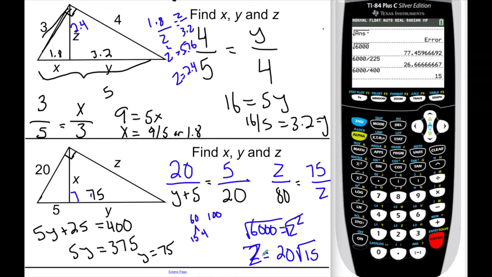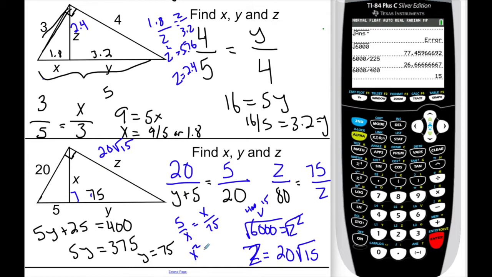So that's z. Last one we have to get is x. Okay? So we know now, finally, that I'll just erase this little scratch work that I did. Okay, and I'll just make a note here. It's 415. Okay, so now 5 is to x, as x is to 75.